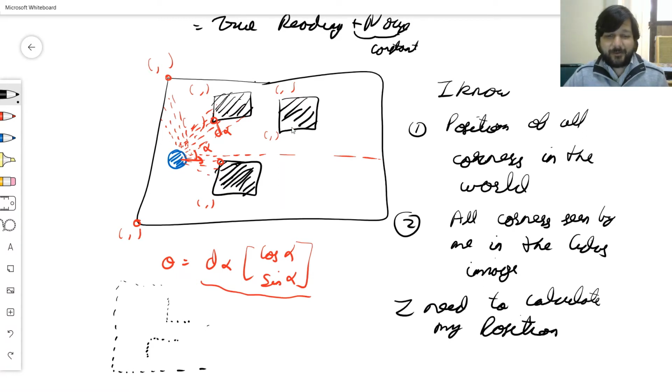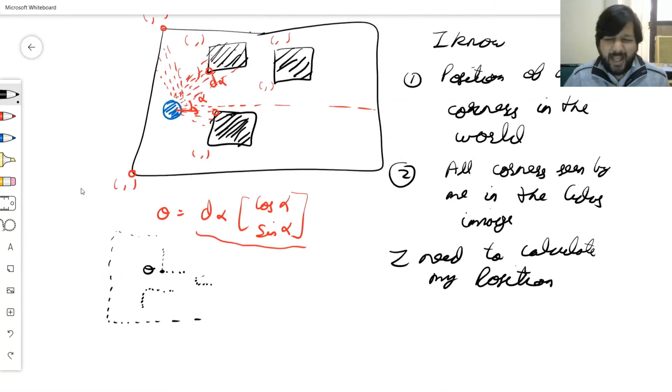It cannot see this obstacle. Okay, it can see some parts of this obstacle. So let's take any one corner, which is O. Now, if you have a brief background of transformation, you would be able to guess that I know the position of the corner in the real world. So let's say this is the position of the corner in the real world.